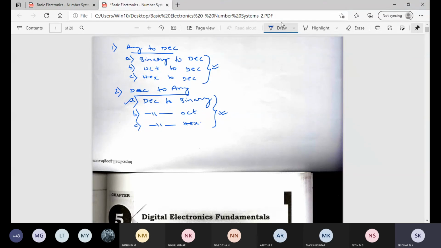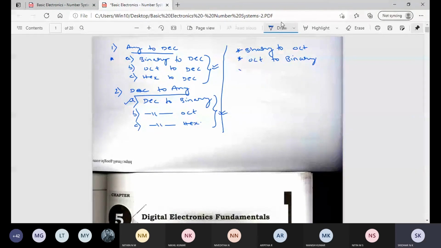And the leftover types of conversions are binary to octal, and vice versa, octal to binary.